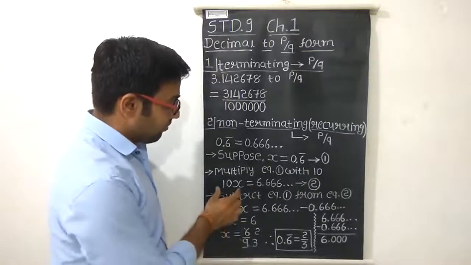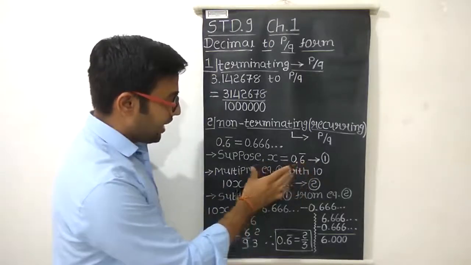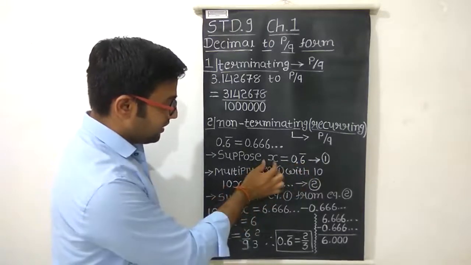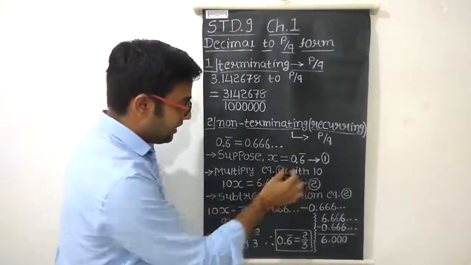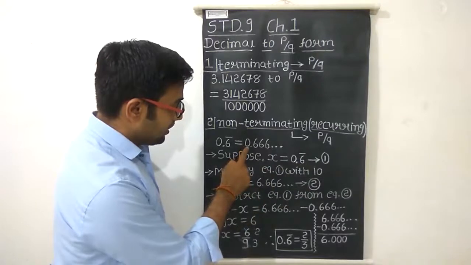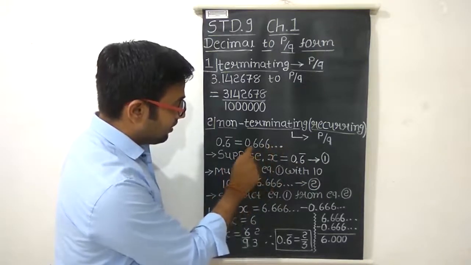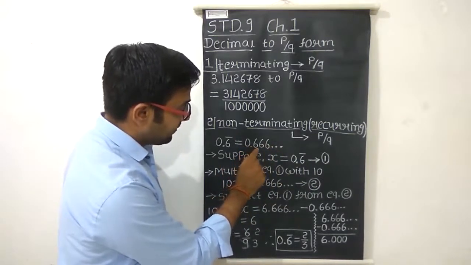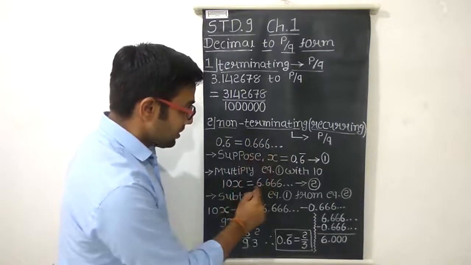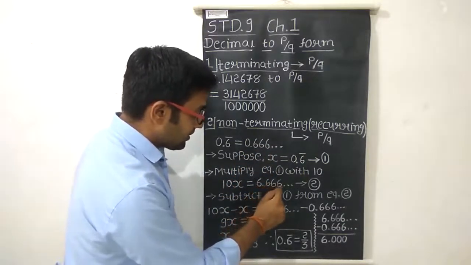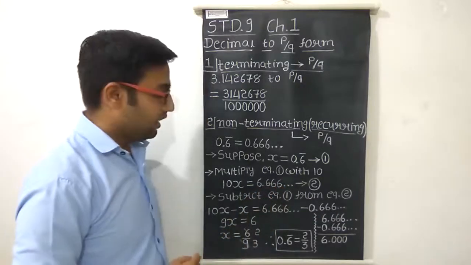So see here, multiplying this equation with 10, the left hand side will become 10x. On the right hand side, if we multiply this number with 10, the decimal point gets shifted one position to the right hand side. That is why this number becomes 6.666 dot dot dot, right?